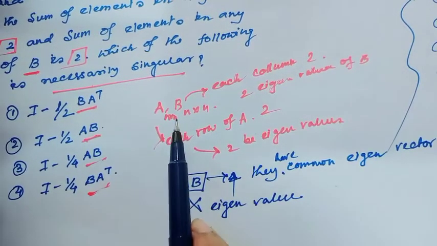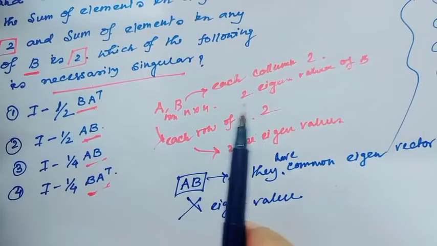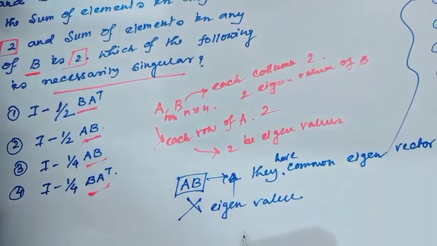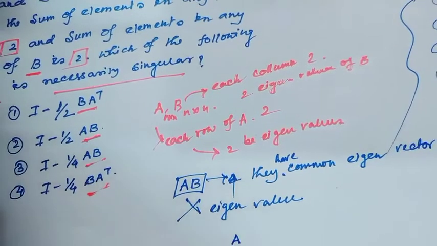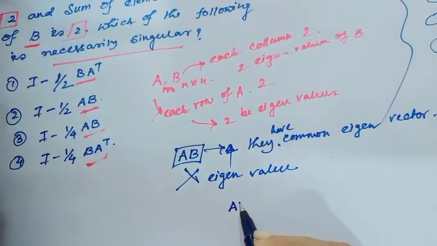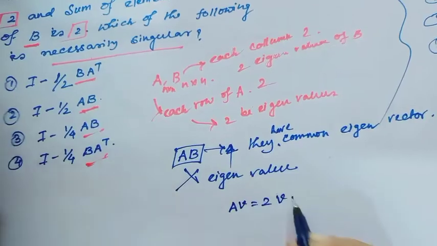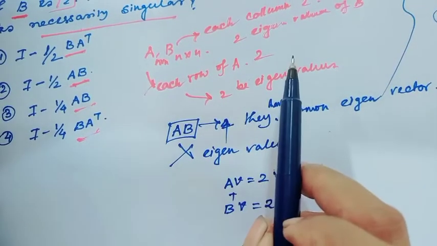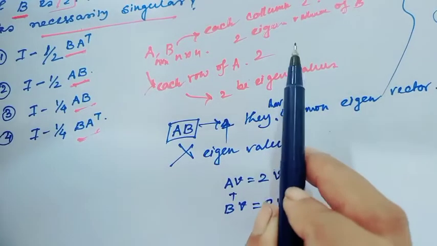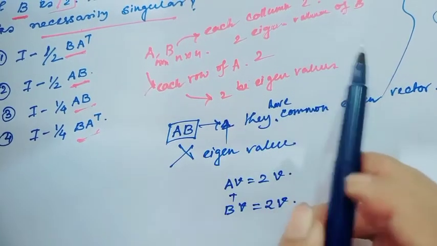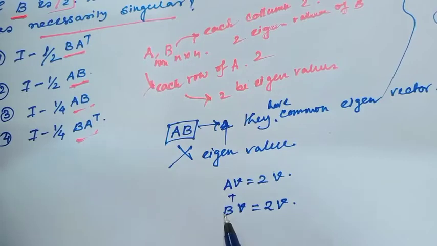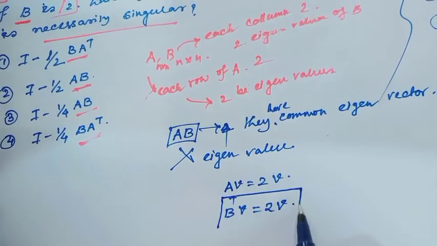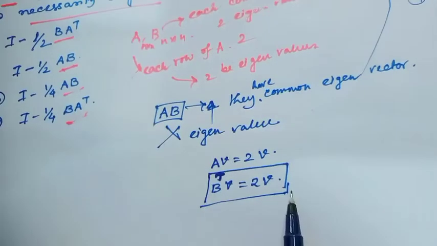Since A has at least one eigenvalue 2, we can tell AV equal to 2V, and since each column sum of the matrix B is 2, we can tell B transpose V equal to 2V.